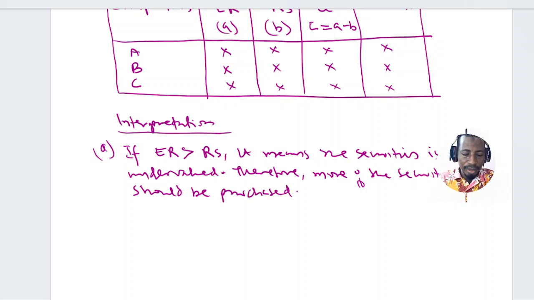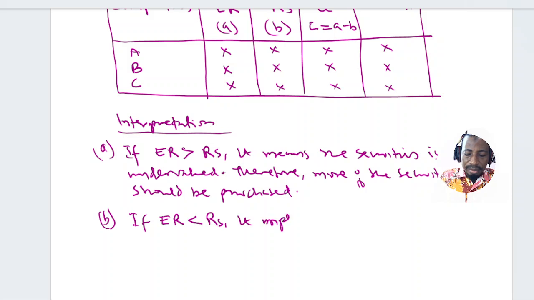Then number B, if expected return is less than the required return, it implies that the securities are overvalued.